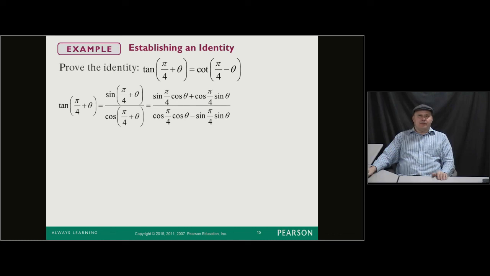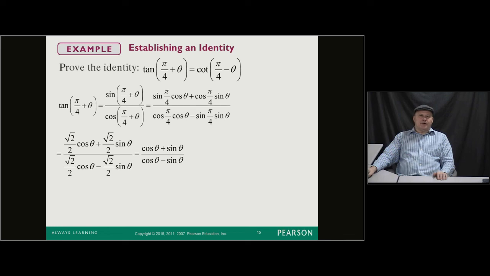And so then they broke that sine of pi over 4 plus theta up. And you're like, why didn't they just go ahead and just do the sum formula for tangent? I believe you could have, but they chose not to. And then that's going to be equal to, they evaluate all the pi over 4s. So the sine of pi over 4 is root 2 over 2.